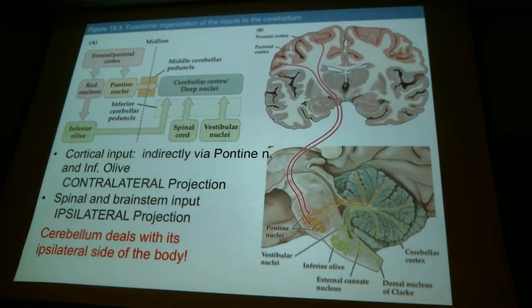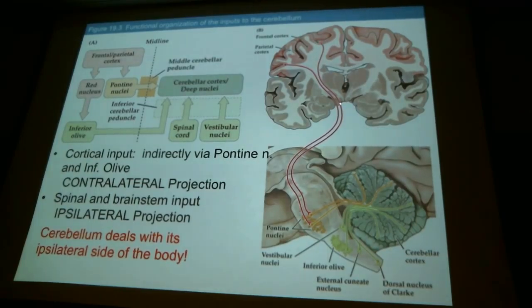All right, so this is another map that explicitly maps the inputs. Okay, so here we have cortical inputs going through the pontine nuclei, and here's this decussation crossing over. And the inferior olive also sending inputs, and then here are the brainstem nuclei that are also sending inputs.